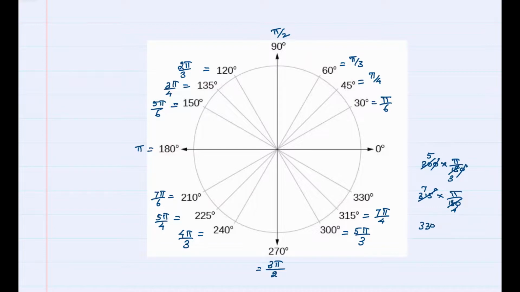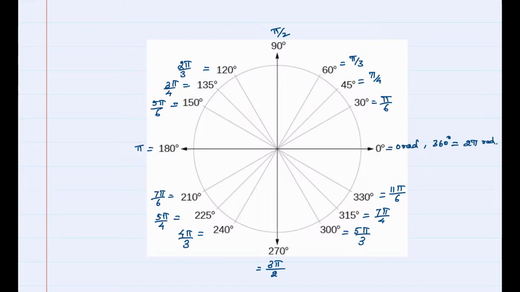Then 330 degrees times pi upon 180. This is 11 times and 6 times, which is 11 pi upon 6. 0 degrees is equal to 0 radians, and 360 degrees is 2 pi radians. So, these are the degree measures and radian measures of some common angles.